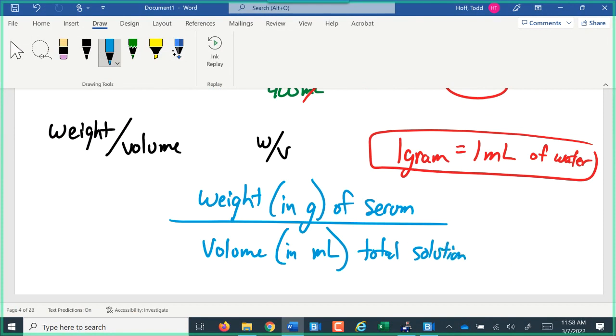This is typically a much better concentration when we're dealing with putting a powder into a liquid carrier, because volume is not additive in that case. If we do a weight in volume concentration, it's just way easier to avoid making the mistake of trying to add volumes.